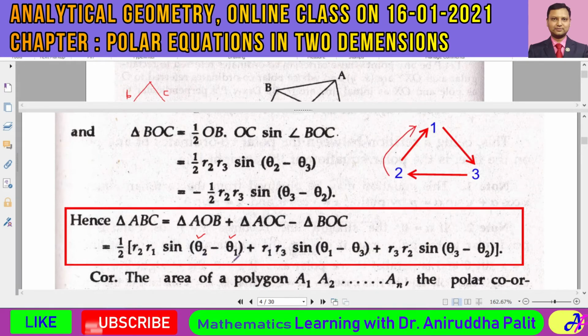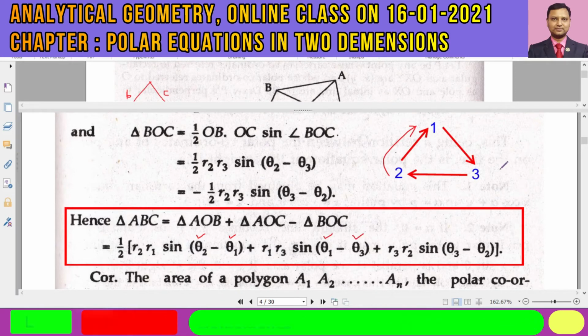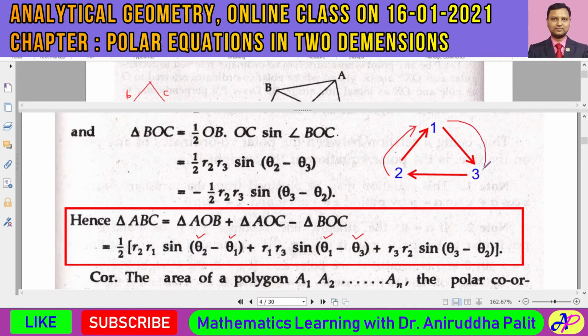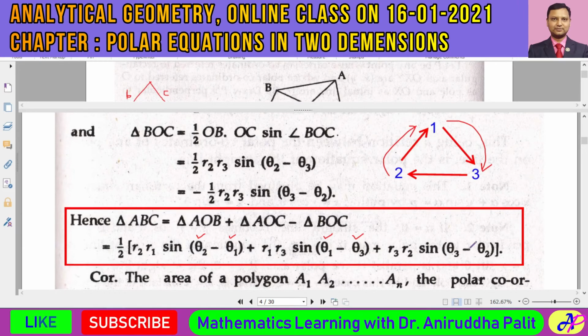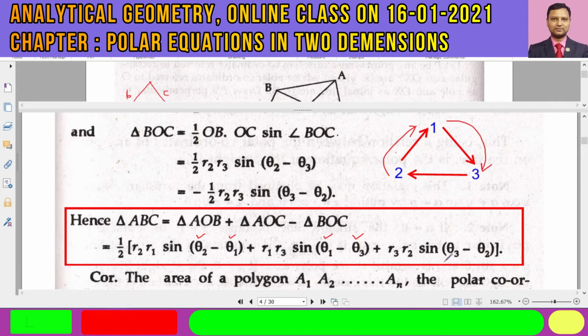Got it? R2 minus R1. In the next term, we will get R1 minus R3. Therefore, starting from 1 to index 3, theta 1 minus theta 3, not R1 minus R3. Theta 1 minus theta 3, 1 minus 3, this kind of idea.